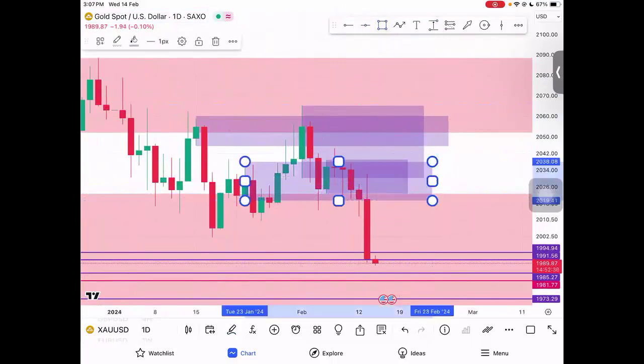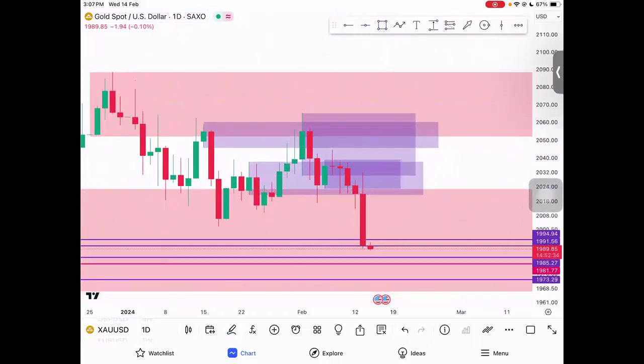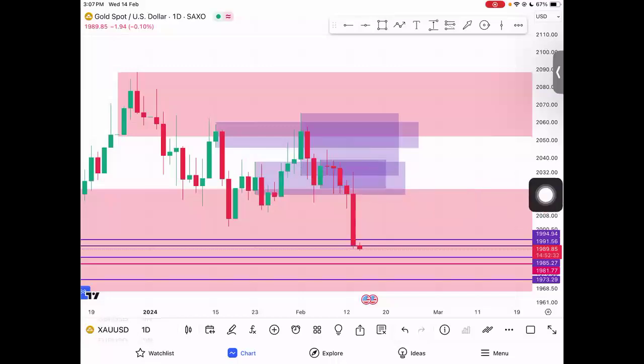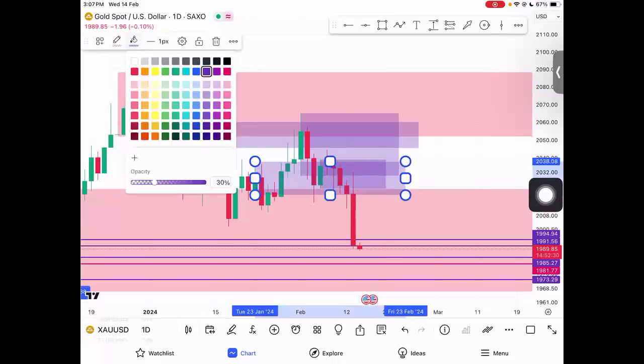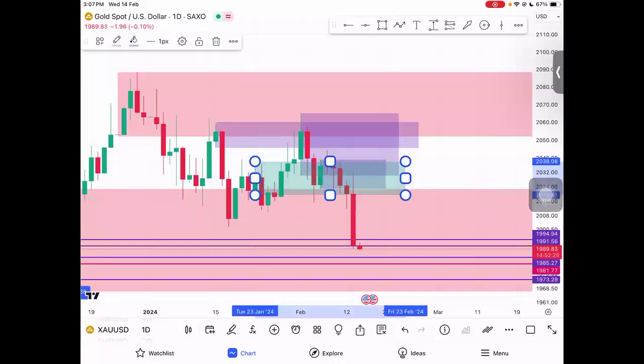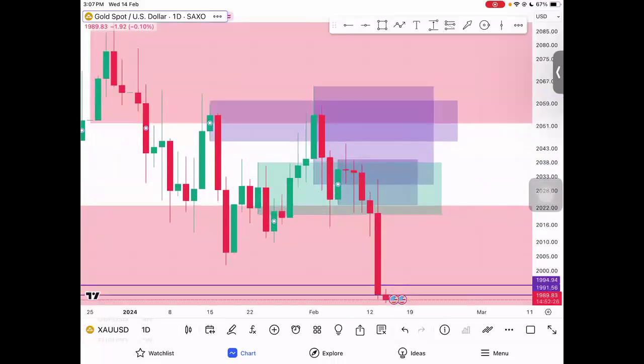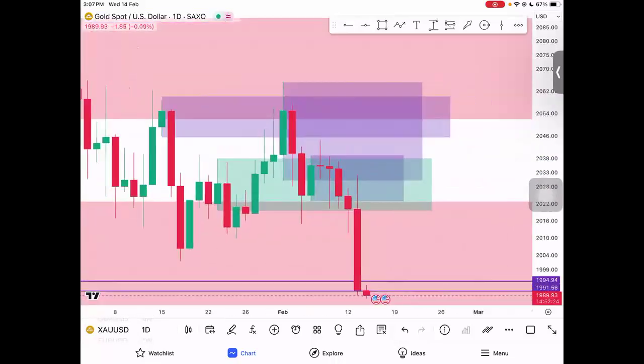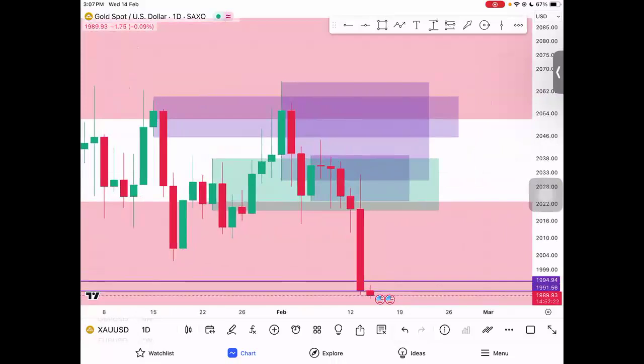But when the price came back inside the zone, let's say I make this green for buy, purple for sell. So you had your buy EF, buy EG. Then we have buy EG here.